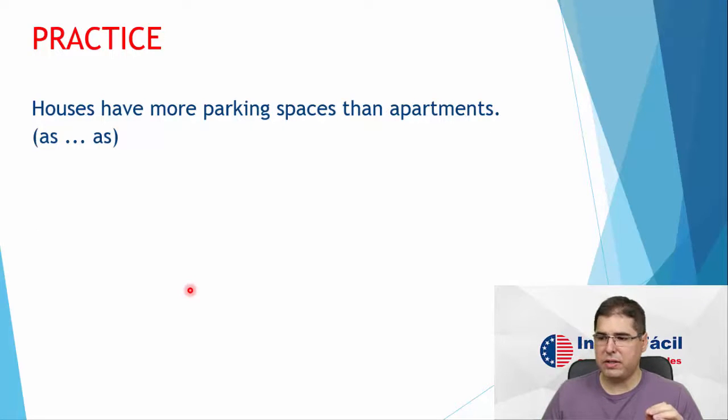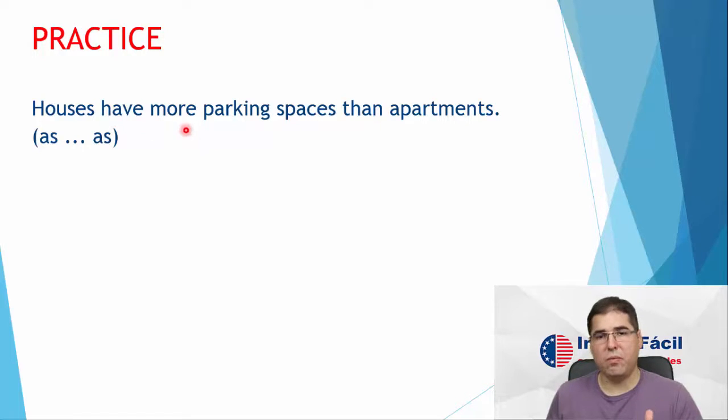Now, houses have more parking spaces than apartments. Let's use as now. Now, first thing, parking spaces. Can I count them? Yes, I can. So I'm going to use as many parking spaces as, right? Are they similar or different?